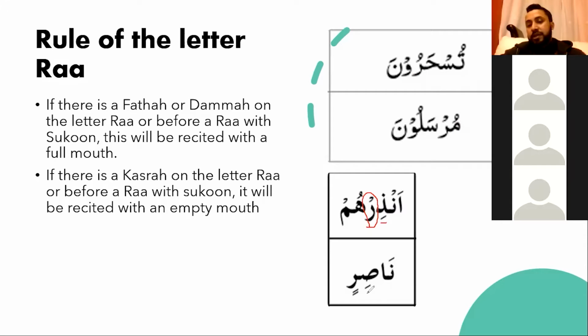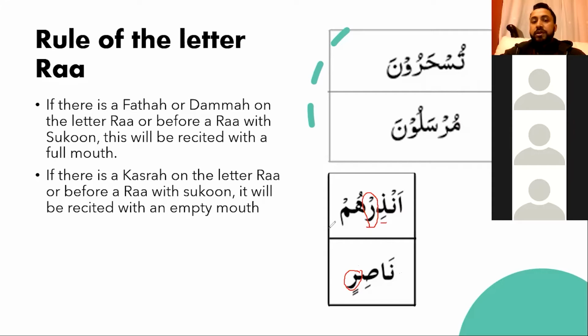And if you look at the Ra here, it's got the tanween, two kasras underneath. We will recite that with the empty mouth. So basically, we'll recite this as anzirhum, or nasirin. We're not going to recite that with a full mouth.